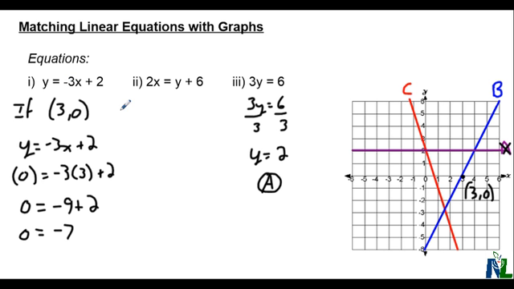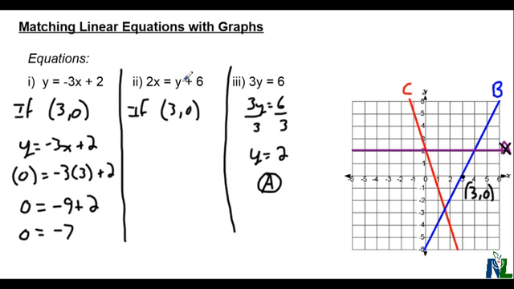Well, what if I tried it out with equation number 2? So if we choose 3 and 0 as our coordinate, will it work for this equation? Substitute in. 2 times 3 equals 0 plus 6. Well, 6 equals 6.